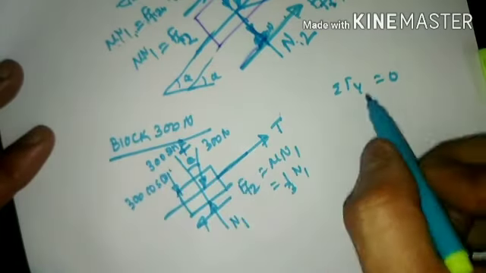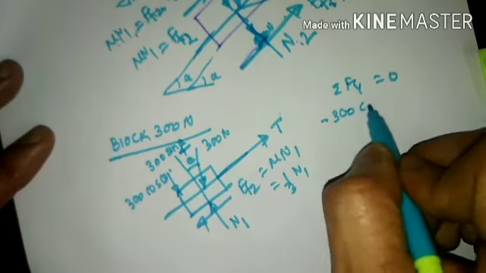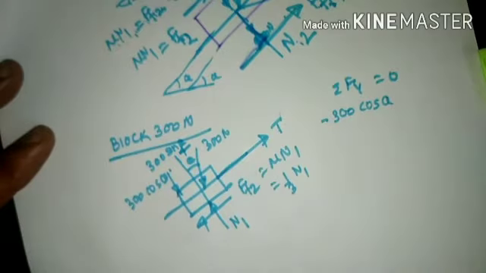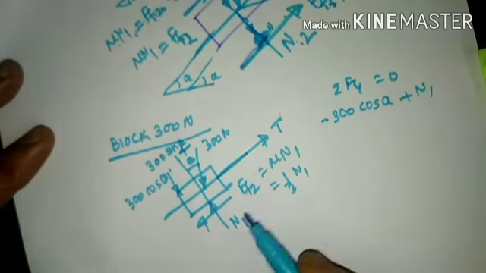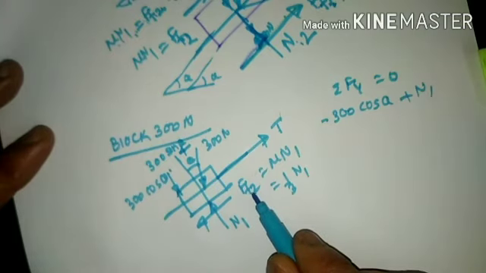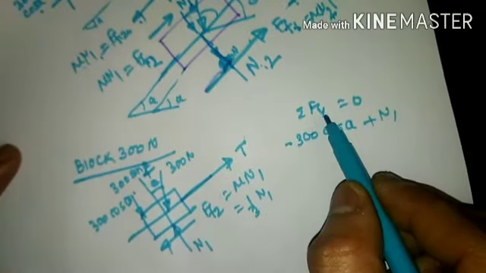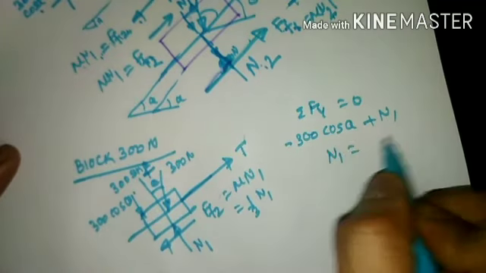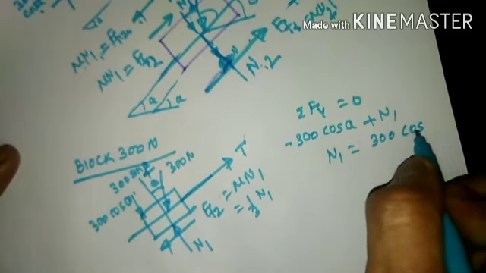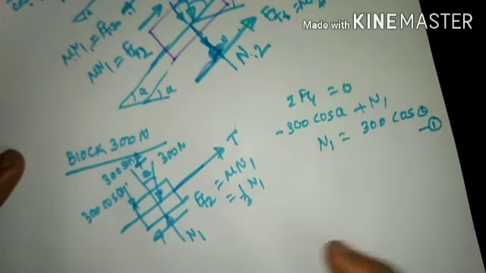So summation of force along y equals 0: minus 300 cos theta, minus because it is downward, plus N1 because N1 is upward. I shall not consider F of F2 because it is parallel to the x-axis; I shall consider only forces parallel to the y-axis. For that reason, F of F2 and T shall not be considered. So N1 equals 300 cos theta. Keep this equation as it is and name it equation number 1.